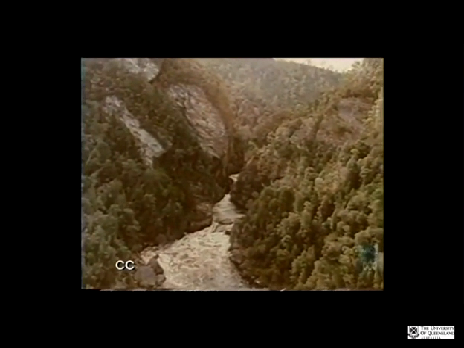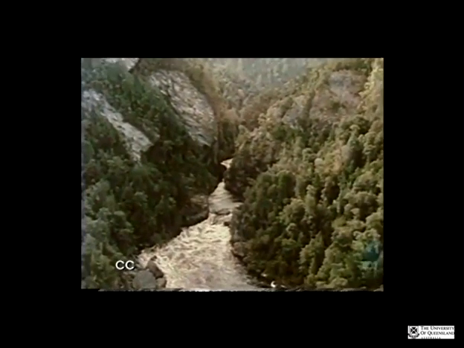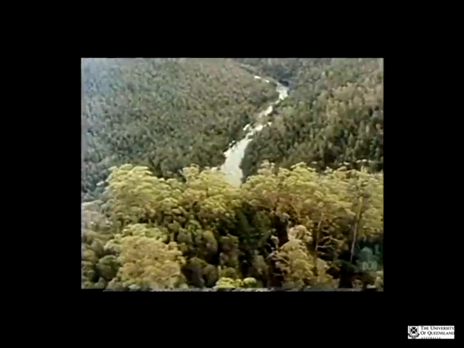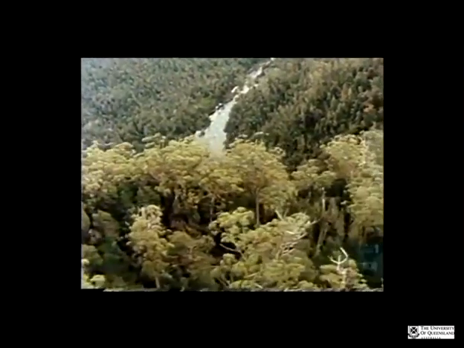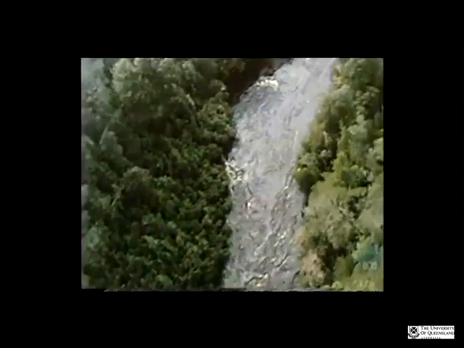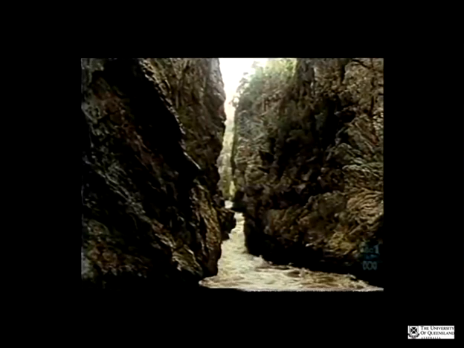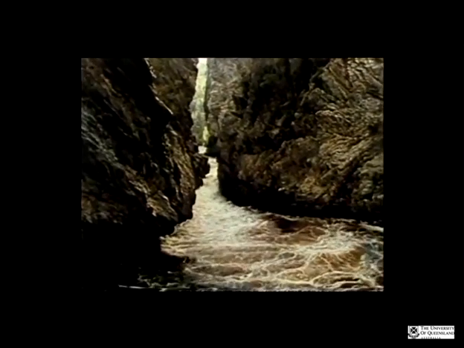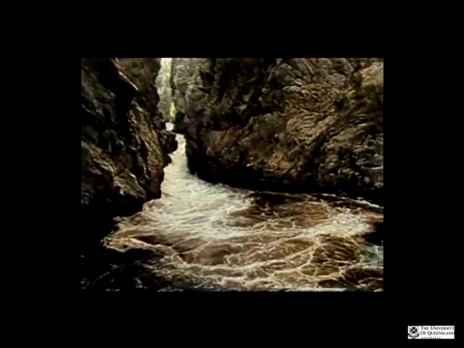The Franklin River flows through a remote wilderness in the southwest corner of Tasmania. For thousands of years, it had remained untouched. In the early 1980s, the Franklin became known to millions of Australians. The Tasmanian government had plans to dam the river. It was to be part of a massive hydroelectric scheme.